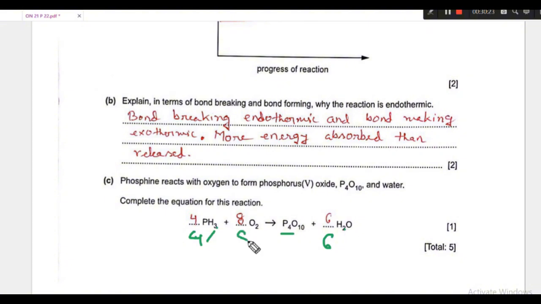If you write 8 here, 8 times 2 is 16. Now oxygen is 10 plus 6, total 16 oxygen. This equation is balanced now.